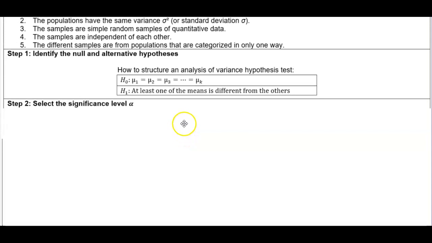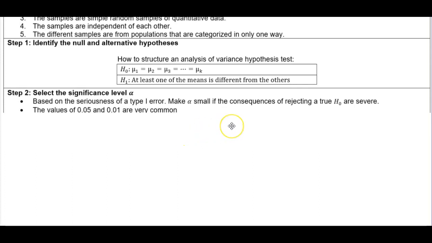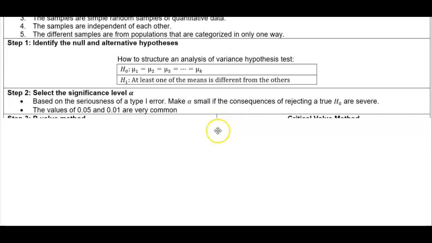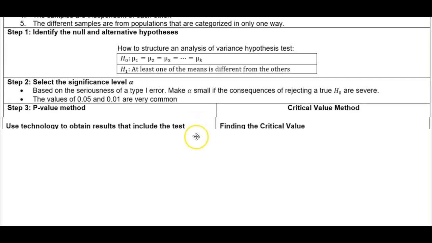Step 2, you select the significance level alpha. And again, based on the seriousness of a type 1 error, you make alpha small if the consequences of rejecting a true null hypothesis are severe, and the values of 0.05 and 0.01 are very common. Okay, so we have step 3, which is the p-value method, so let's go ahead and discuss that first.